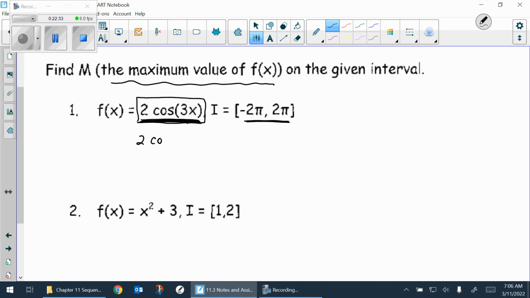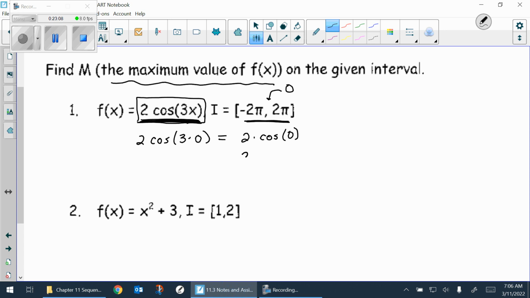2 cosine of 3. What if I chose x being 0? That is within the interval. I guess I could have chosen negative 2 pi or 2 pi because they're the exact same place on the unit circle as the center of this thing, which is 0. I think that's where cosine is as big as it can possibly be. And 2 cosine of 0.